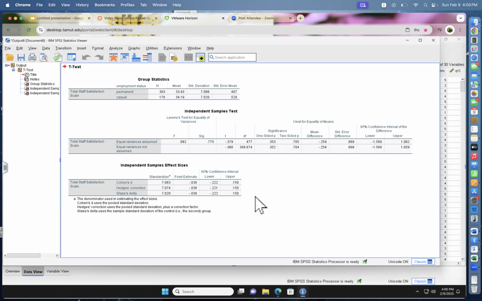The difference in the means was small at 0.0003, where 0.01 is small, which means there was a 0.0% chance that the results were dependent upon whether they were permanent or casual.